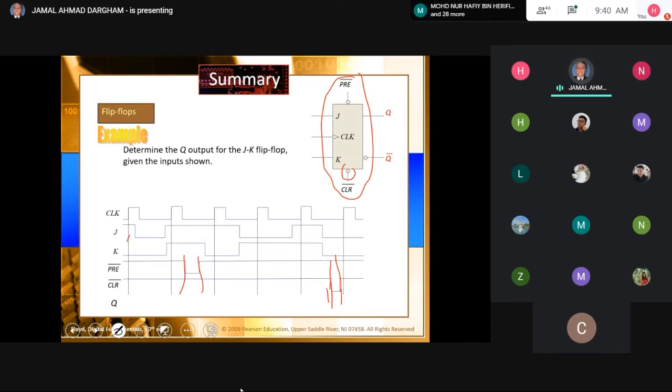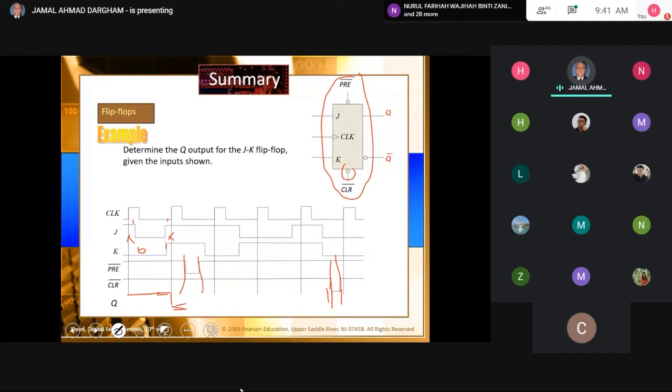So the first clock is here. I look at J is 1, K is 0, so it is set. So it goes to 1 until here. Here, what do we have? You have 1 1, which is toggle, so it goes from 1 back to 0, only up till here.